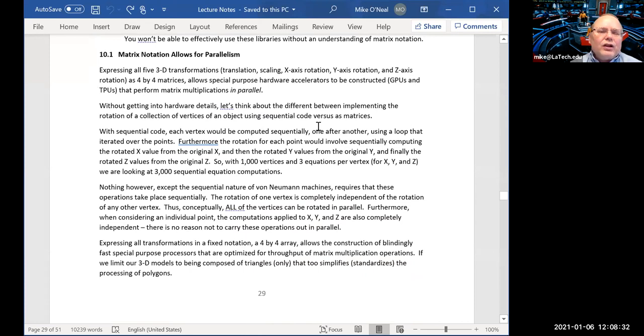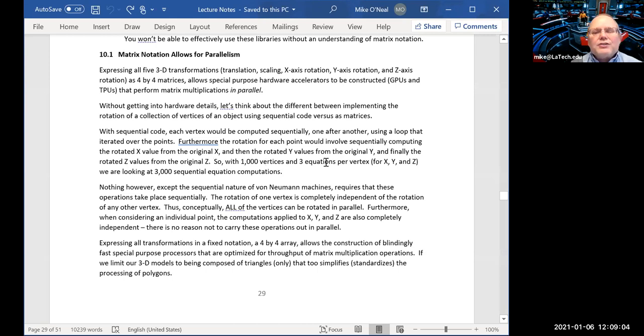But again, if you think about your code in equation format, you're going to have to do the first equation, the second equation, the next equation, etc., and that's sequential. Like if you're doing a rotation for a point, that would involve sequentially computing the x rotated value like you did in your homework or in your program, from the original x, and then the rotated y value from the original y, and finally the rotated z from the original z.